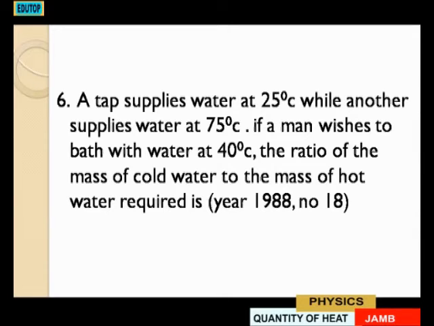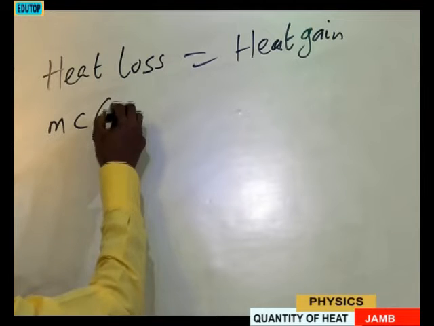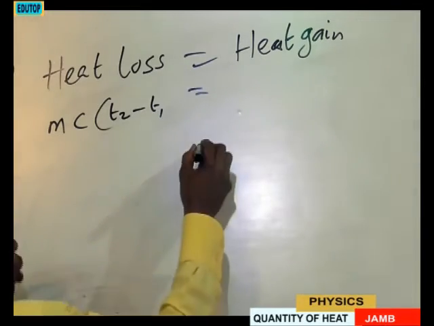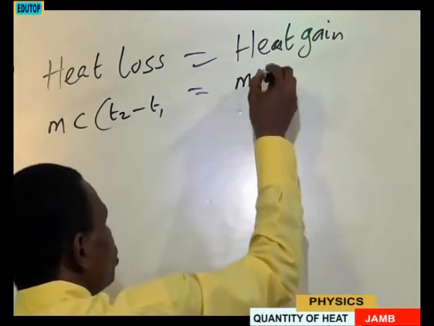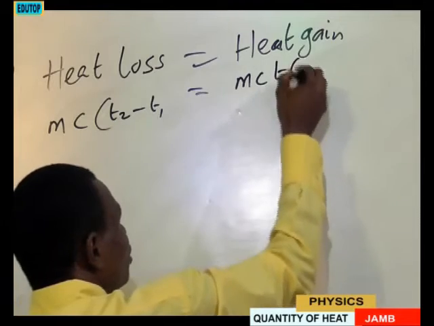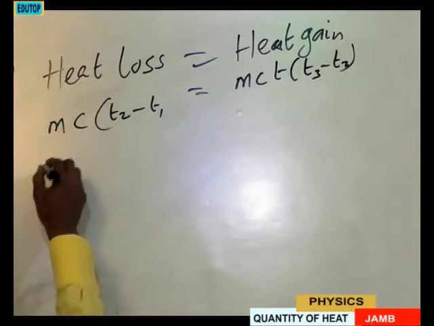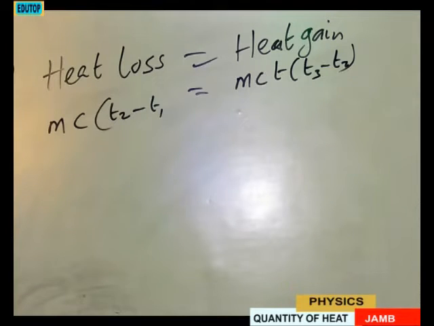By the time they mix the water together, we are going to have the one with higher temperature, T2 minus T1, will be equal to MC theta, T3 minus T2. What is the mass of the water?